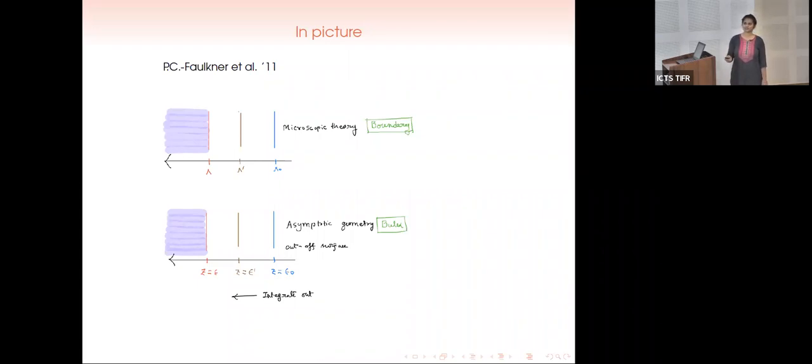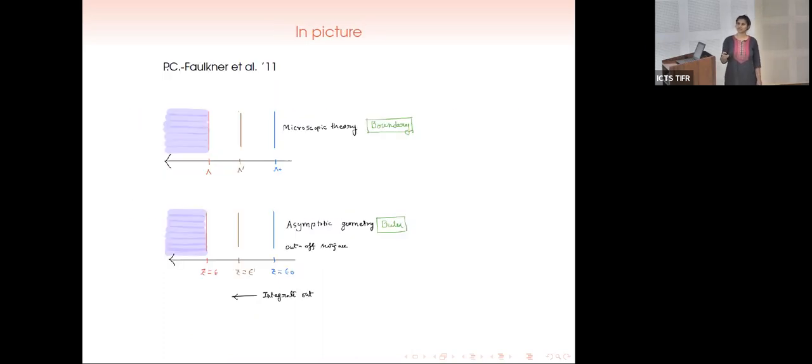Suppose z equal to epsilon naught is the highest value it can take, and in the boundary lambda naught is the scale of the theory, the UV cutoff. If one integrates all the modes from epsilon naught to epsilon, that state corresponds in the boundary to all the modes integrated from lambda naught to lambda. So we will see the connection between these two things.